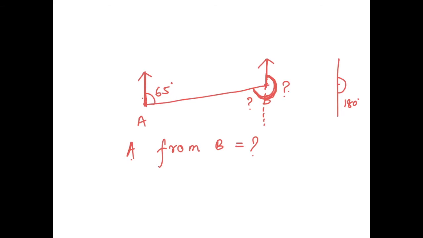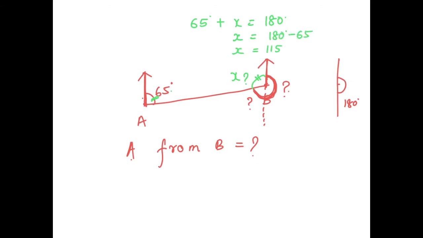As we know that these are two parallel lines and this and this are internal angles, if you add this angle and this angle, 65 plus x will be 180, because the sum of the internal angles of parallel lines will be this.